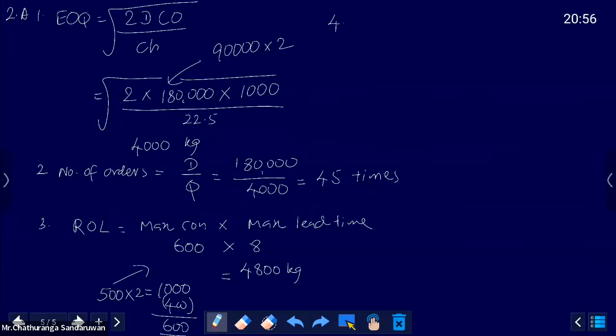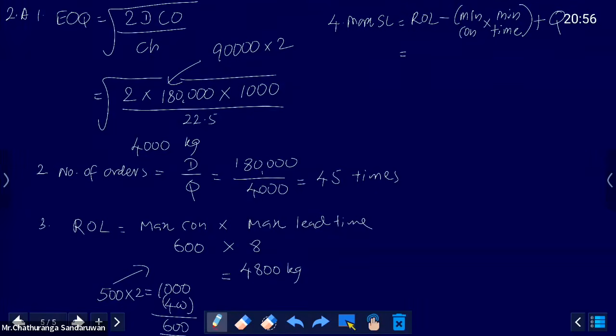Fourth one, maximum stock level. Maximum stock level is calculated as reorder level minus minimum consumption multiplied by minimum lead time, plus reorder quantity.